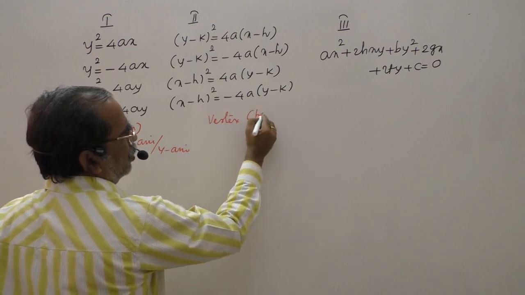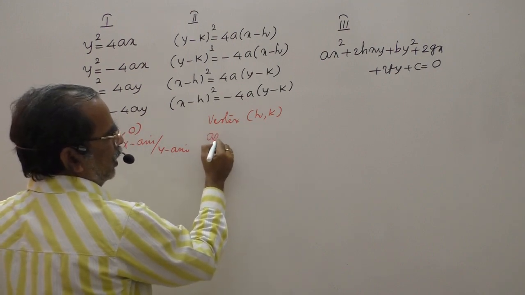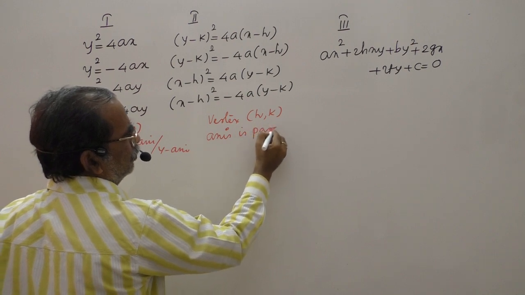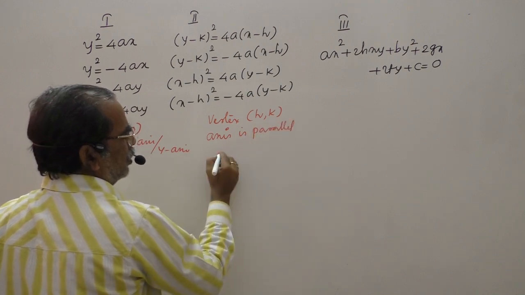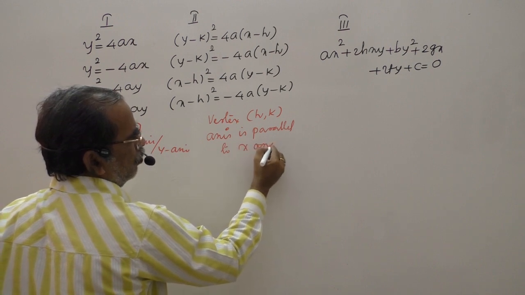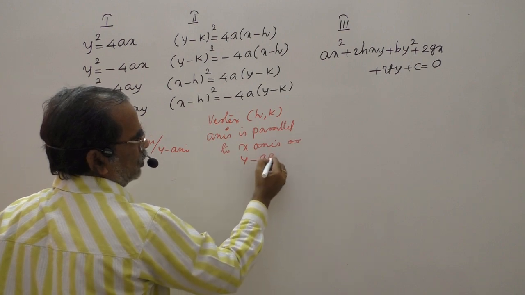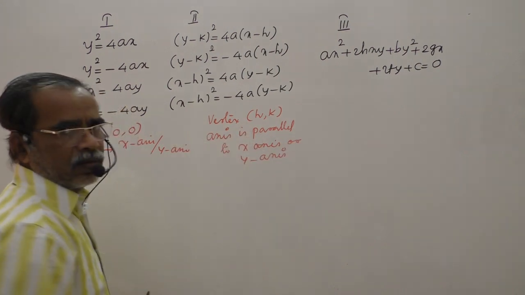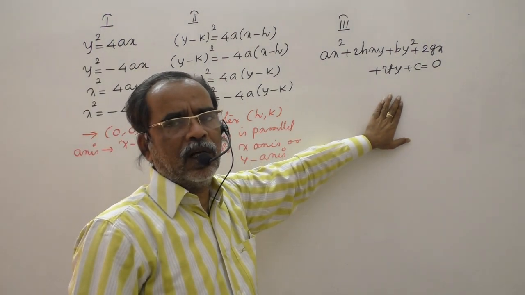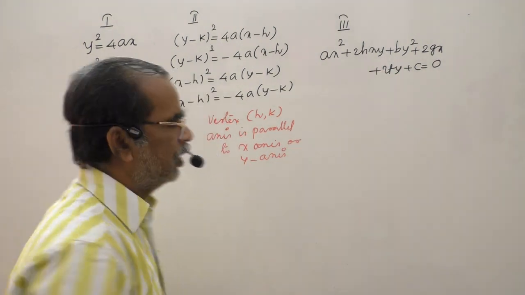If the vertex is not the origin, and what is the axis? The axis is parallel to either x-axis or y-axis. This is of course separate: the axis is neither parallel to x nor y. We will use the definition and find that.